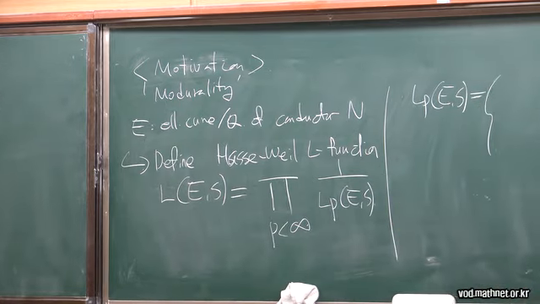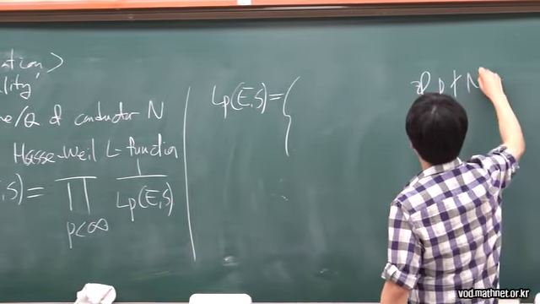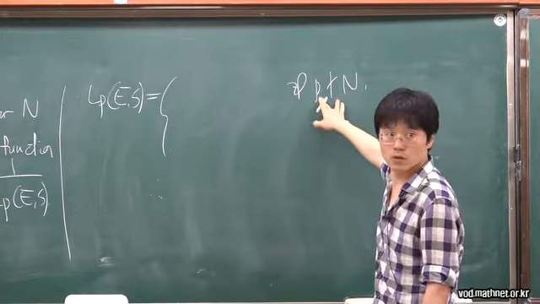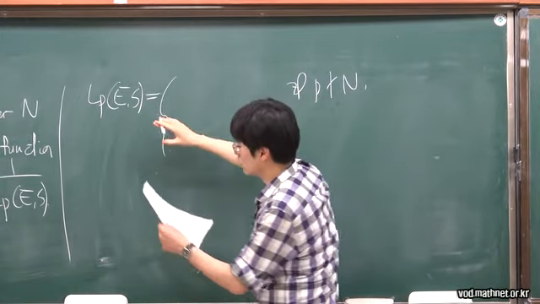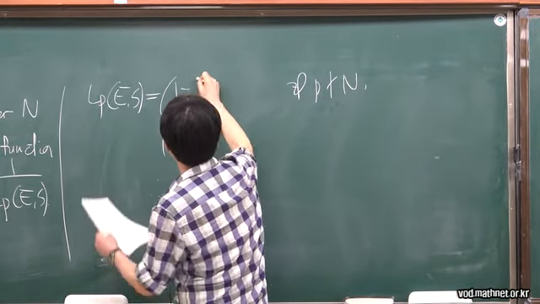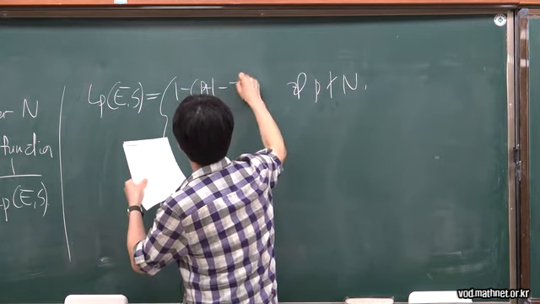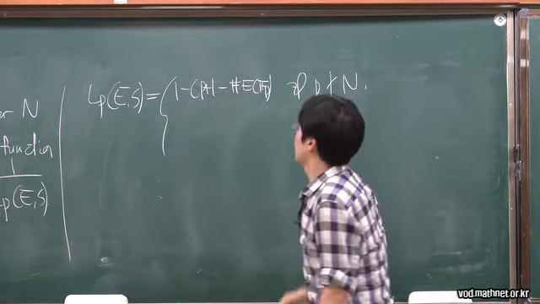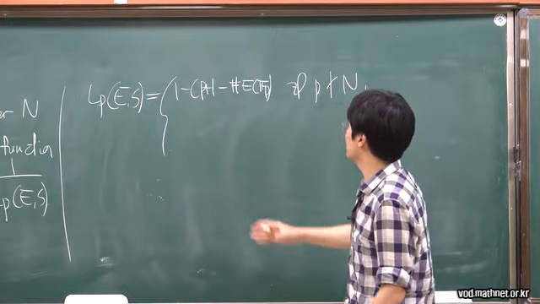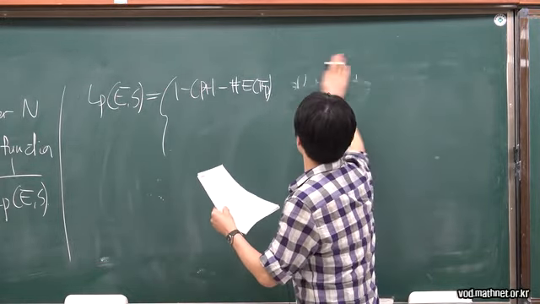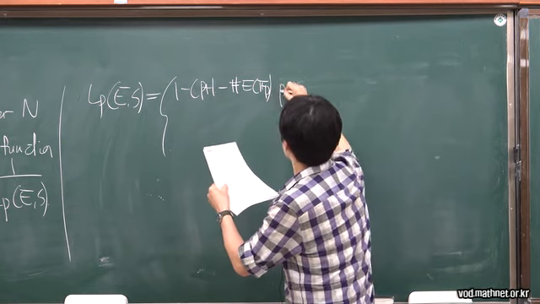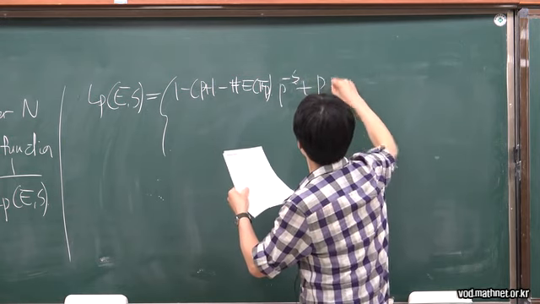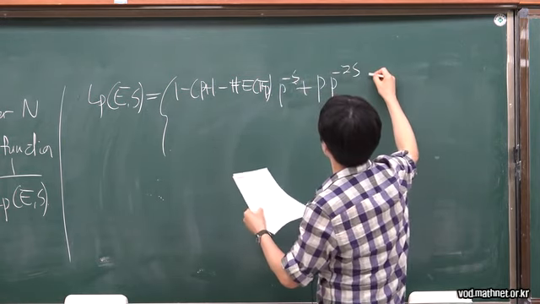If p does not divide N, which means for almost all prime numbers, then this local factor is nothing but 1 minus (p plus 1 minus the order of the special fiber of this elliptic curve) p to the minus s plus p times p to the minus 2s.